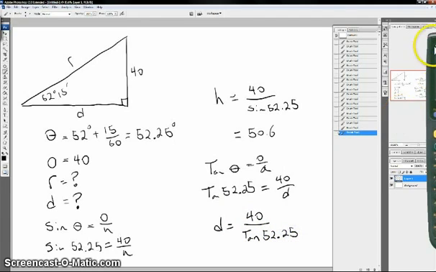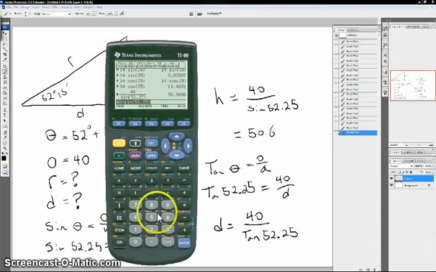I can type that into the calculator, and that'll give me about 31.